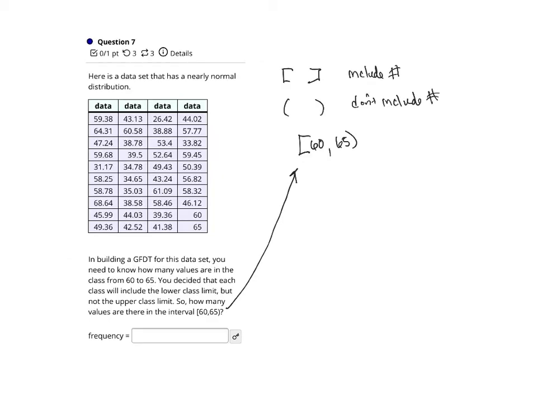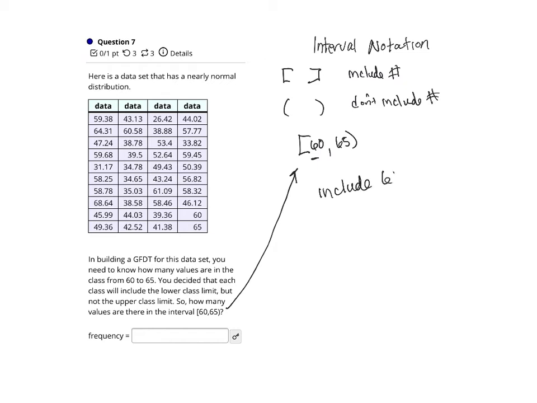Then on this one, it's asking you, on the grouped frequency distribution table, how many values are in the class from 60 to 65. Now, they have something here called interval notation. Whenever you have brackets with a set of numbers written as such, the bracket by the 60 means include the 60.